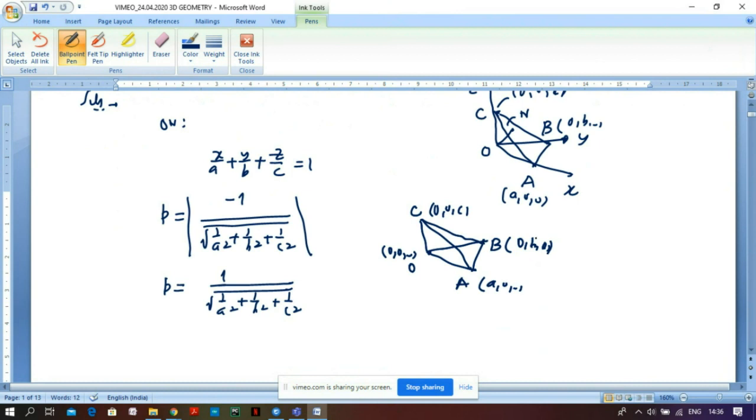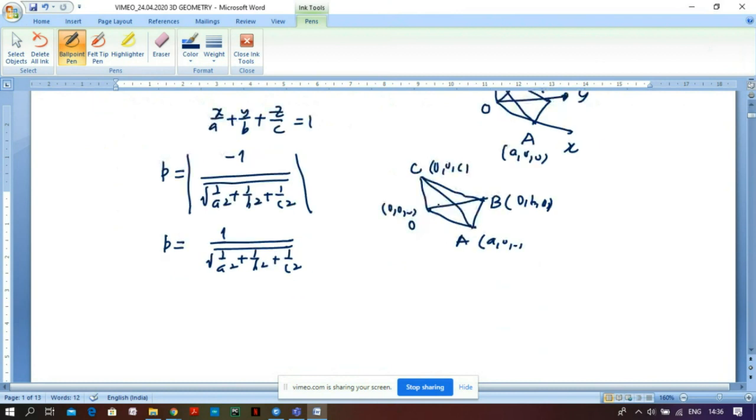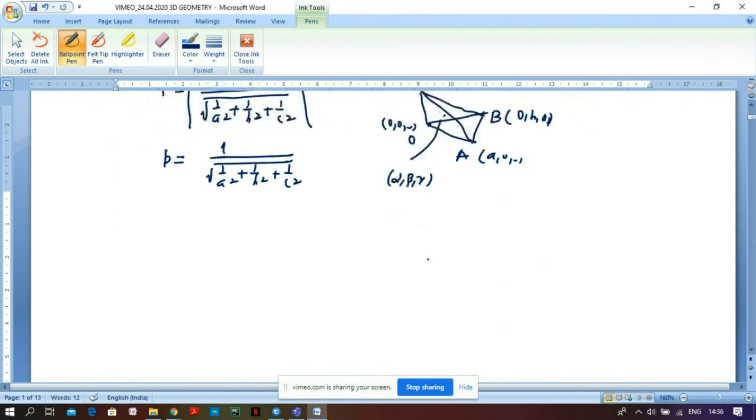Now I want the locus of the tetrahedron centers. So let the center be alpha, beta, gamma. Then I know that alpha, the x coordinate of the center of tetrahedron, is just the sum of all x coordinates divided by 4. So it is A plus 0 over 4. So alpha is A over 4.